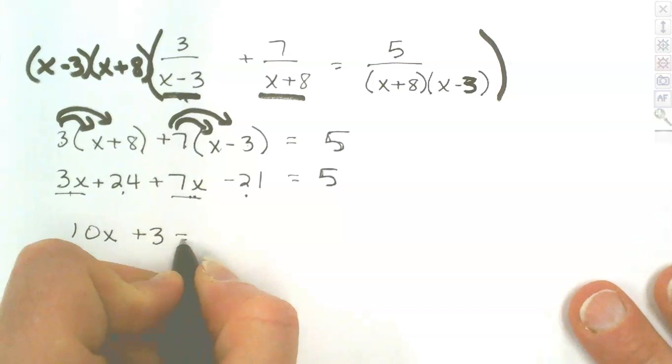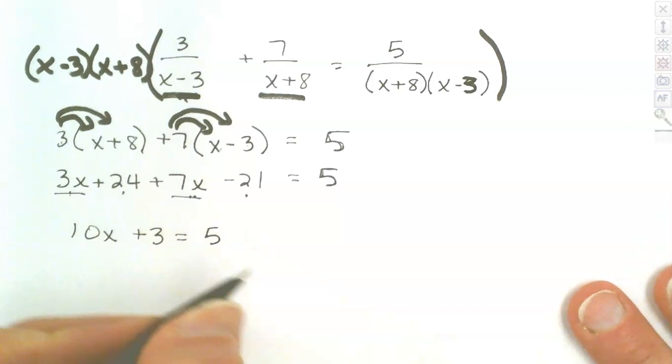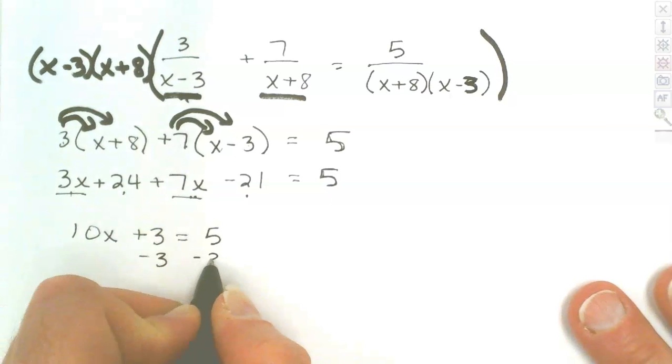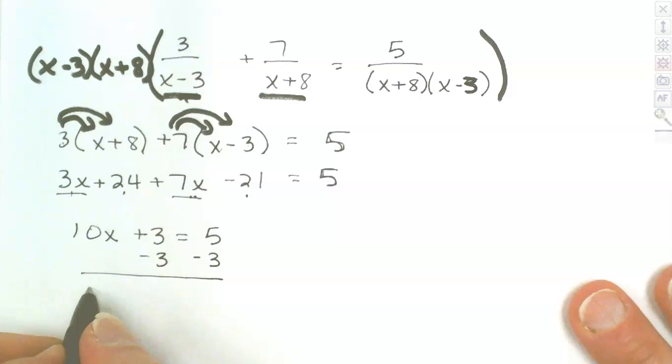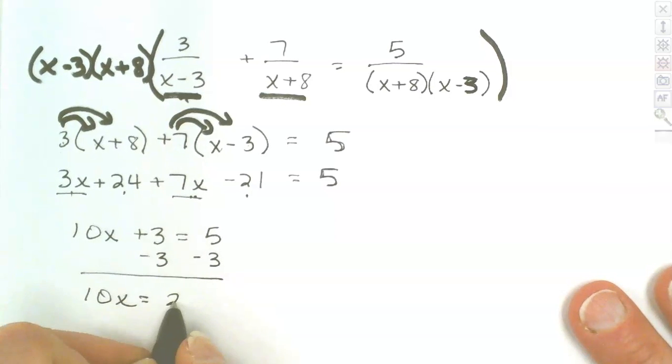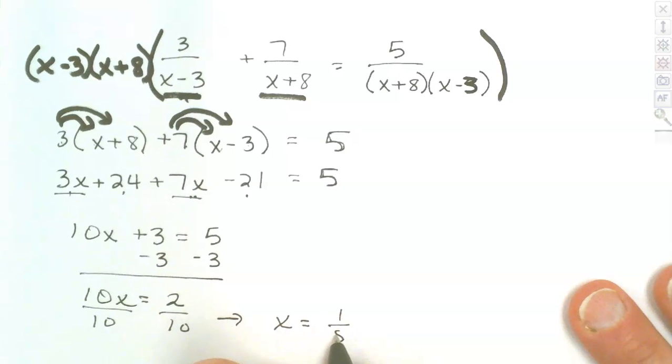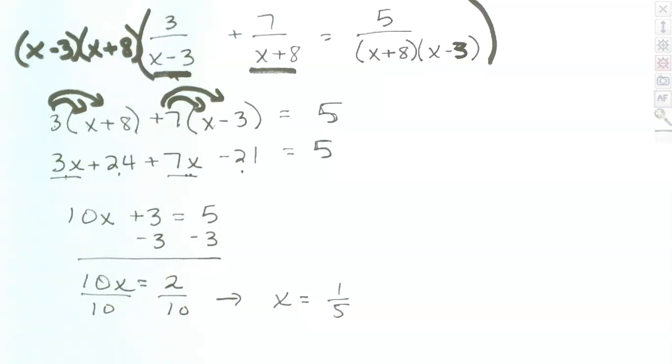So that makes it a positive 3. Move that 3 over with subtraction. And that gives you 10x equals 2. We'll divide by our 10. And we're going to reduce this down. And this then reduces down to 1/5.